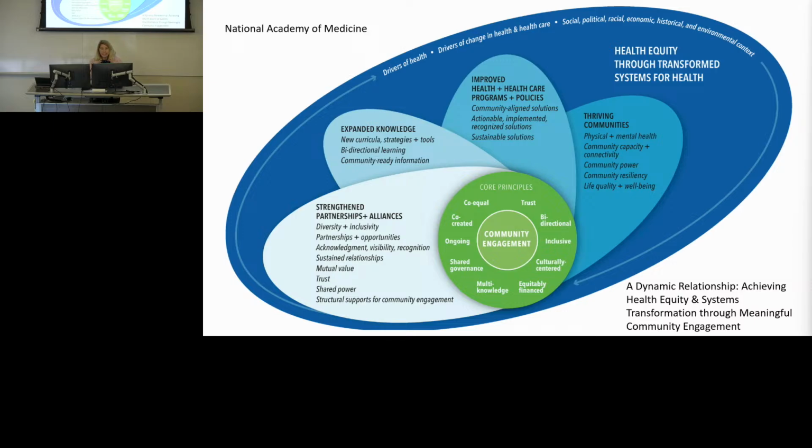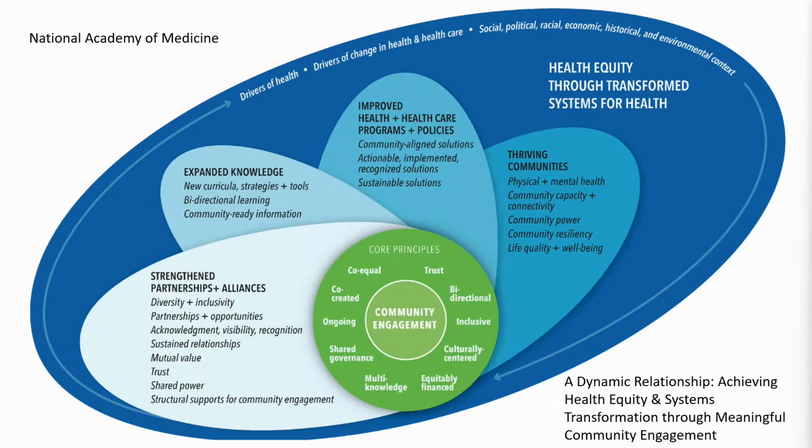There is a belief that we cannot do the work of shifting health disparities without the voices of the people who are experiencing disparities, and hearing and learning from that is what allows these other layers of transformation, which include partnerships, alliances, expanded knowledge, and then improved health and healthcare and programs, and finally thriving communities. It all stems from that listening and that learning.